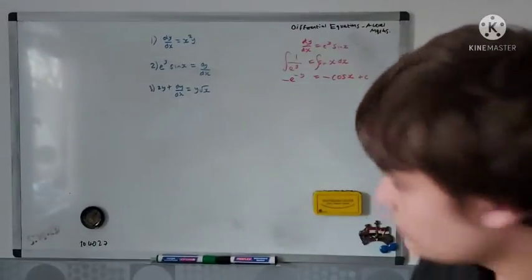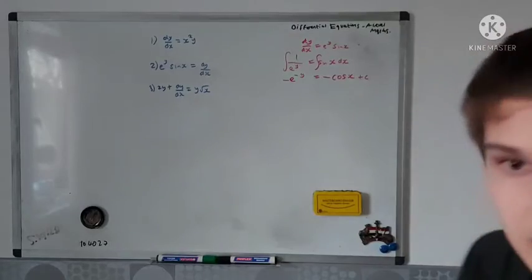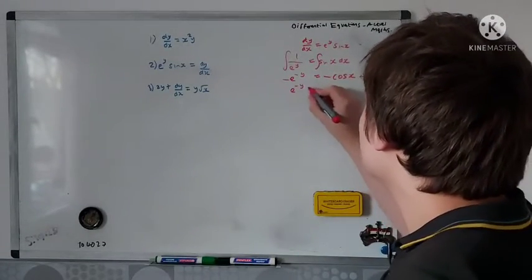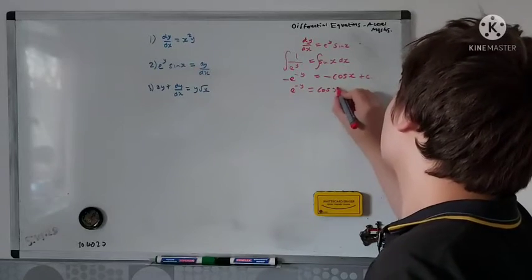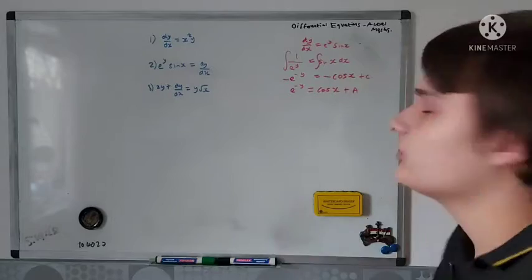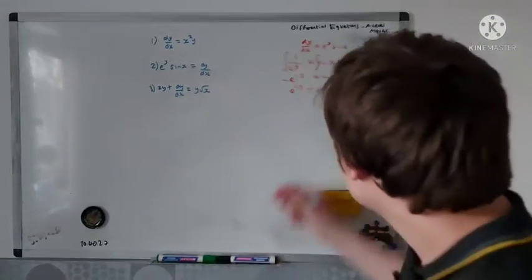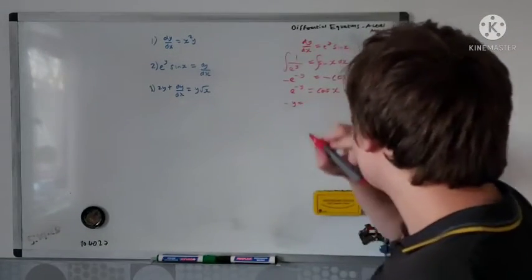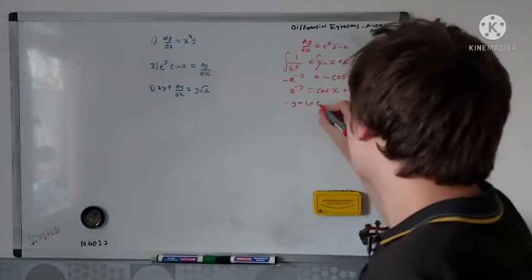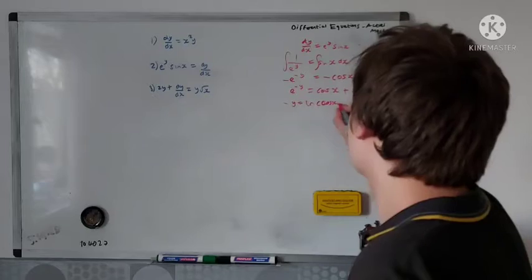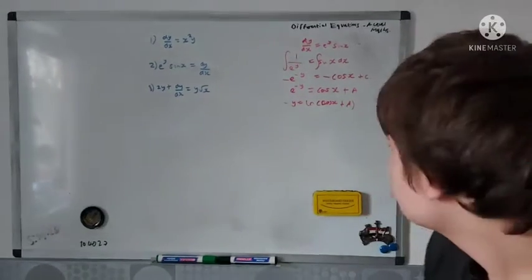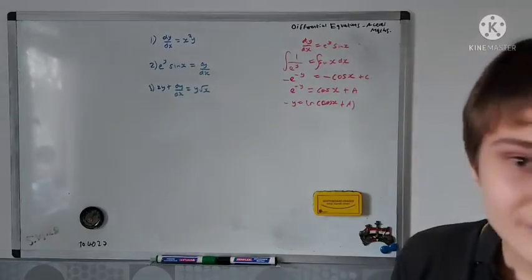Okay, after we've done that, well, we can get rid of this negative sign by just multiplying everything through by minus 1. So we get e to the minus y is equal to cosine of x, plus, I don't know, some next constant, which we usually call capital A. So we get minus y is equal to, logging both sides, if you will, log of cosine of x plus A. Well, I don't really want to do much with that at all.